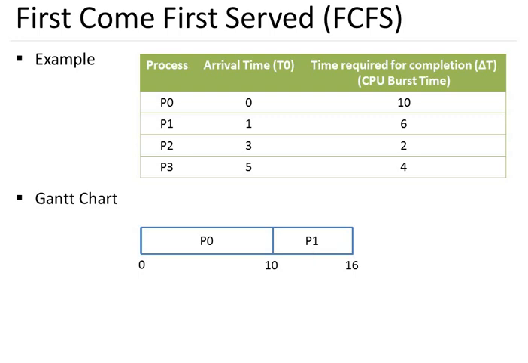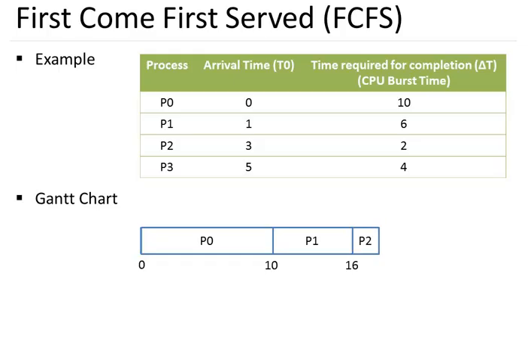No, the answer is no. Why? Because this algorithm follows non-preemptive nature. Non-preemptive means a process cannot be interrupted until it is terminated or some other external event occurs. The arrival of another process will not affect its execution.